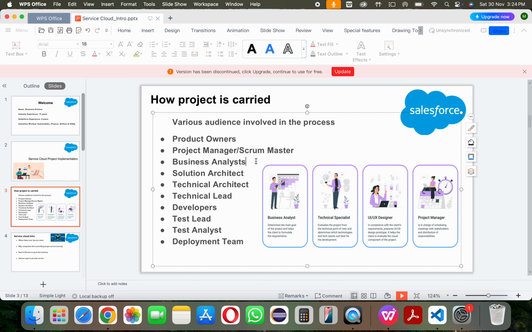If I'm a developer, I should understand how I should develop it. If I'm a test lead, I should understand how to write a test plan for it. If I'm a test analyst, I should know the requirement so that I can test it. So for every person, this guy will be explaining the requirements in a separate call. We call them refinement calls or sprint calls. Okay. So that's the important guy.